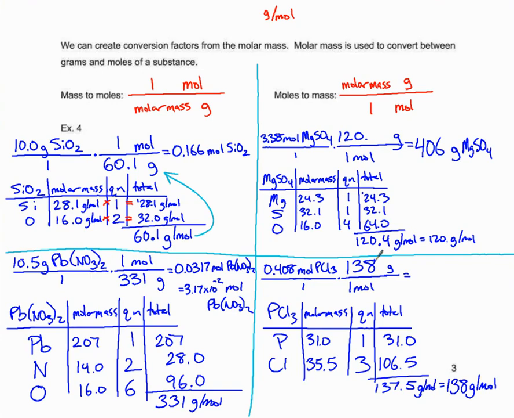So we are multiplying our number of moles by our molar mass, and we find that it is 56.3, and that is grams of PCl3.